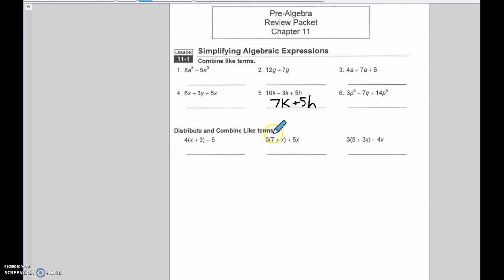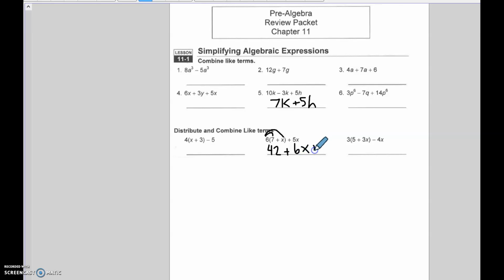Okay, down here I have a parentheses, so I need to simplify by doing the distributive property. 6 times 7 is 42, and 6 times positive x is positive 6x, so I'll write plus 6x. And then I see that I do have two like terms.